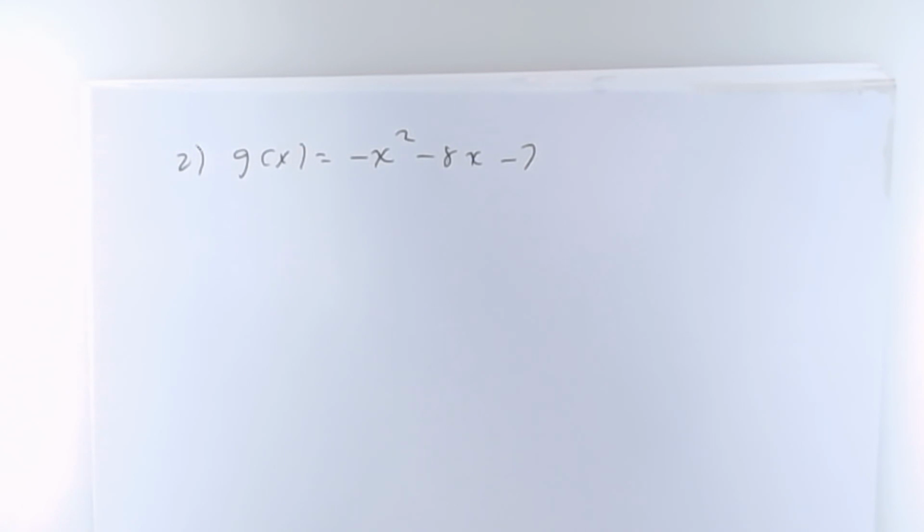So what are you going to use to determine the vertex? That formula. The vertex formula. And remember, the vertex is a point, an x coordinate, a y coordinate. Remember that h, k? So h is your x coordinate.